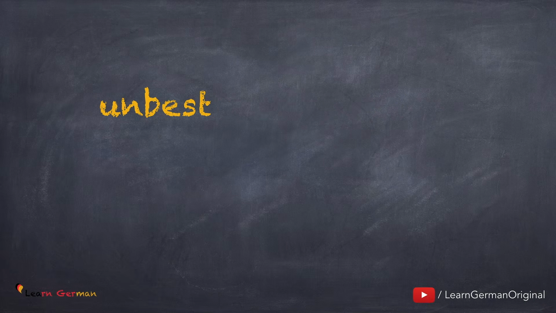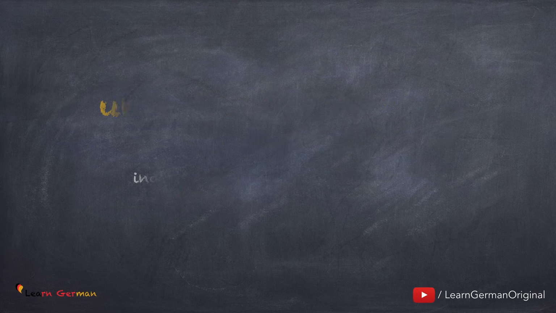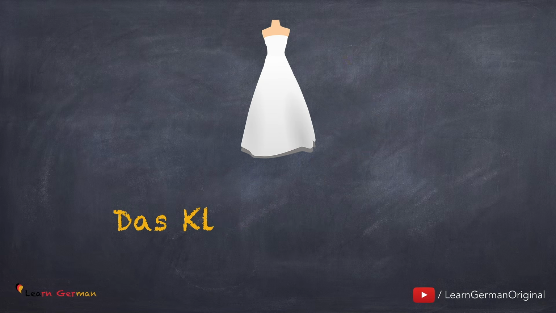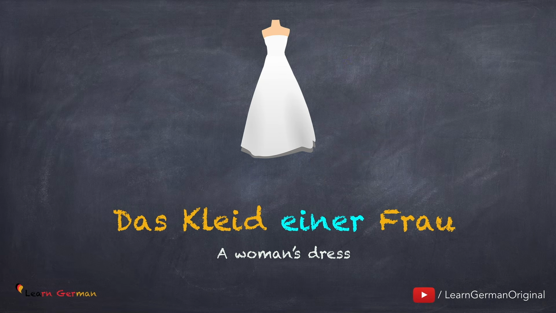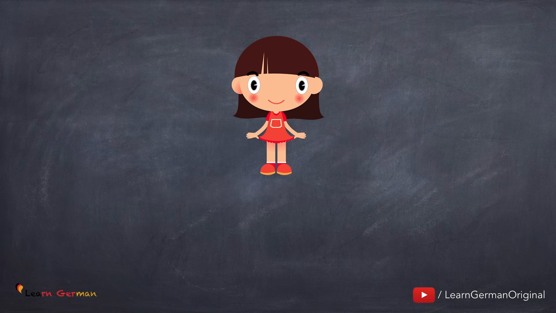Jetzt schauen wir uns Beispiele für unbestimmte Artikel im Genitiv an. Im Maskulin das Auto eines Mannes. In Feminin das Kleid einer Frau. Im Neutrum die Augen eines Kindes.